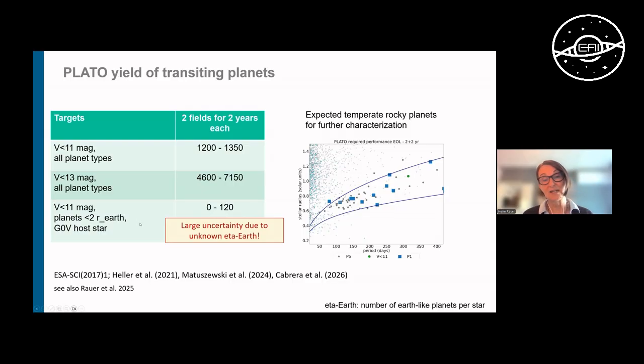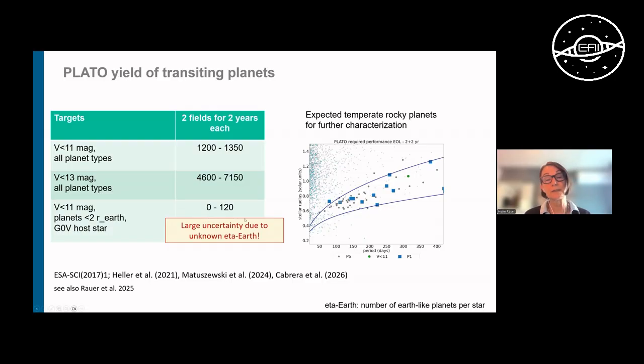Why is that? Because the point is to give a number of expected planets, we have to put in an assumption of how many stars have a planet like the Earth. So we have to put in an assumption, and depending on which assumption we put in, we get an answer. If we assume that only 2% of the stars have an Earth-like planet, our detection will be zero.